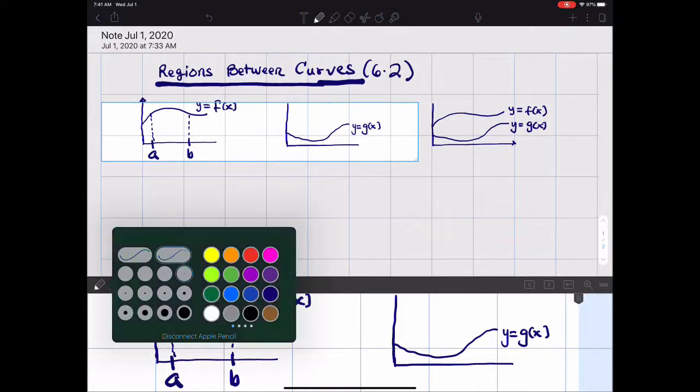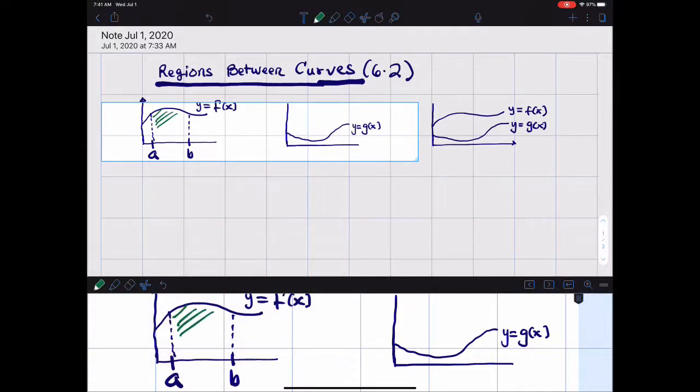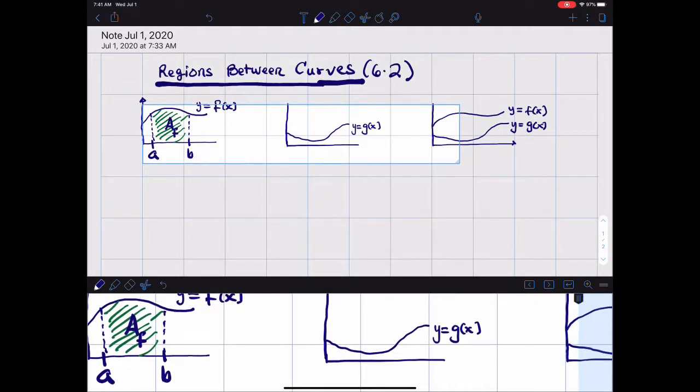I'm going to color it green, and I'm going to call this region A F, like that. And then let's look at another function, y equals g of x.